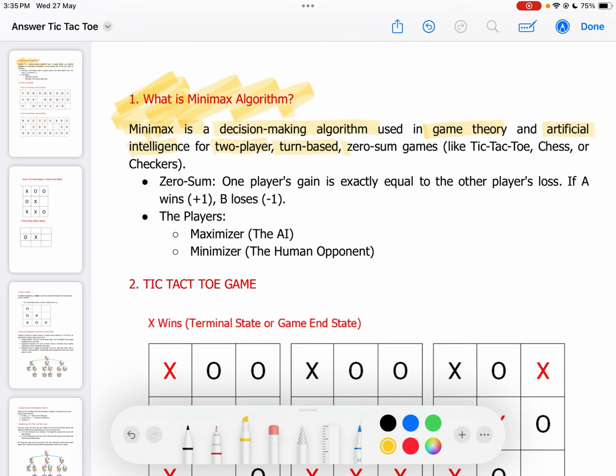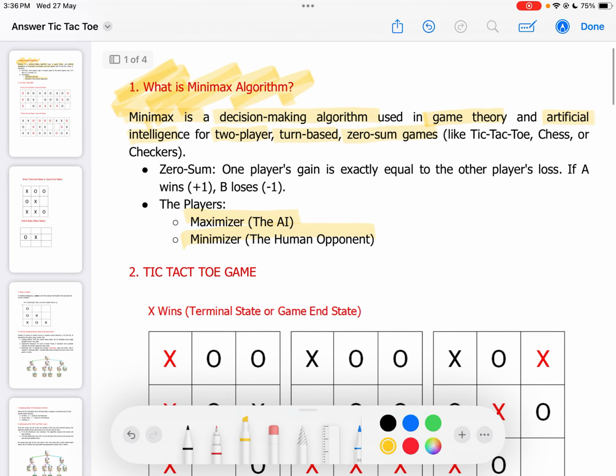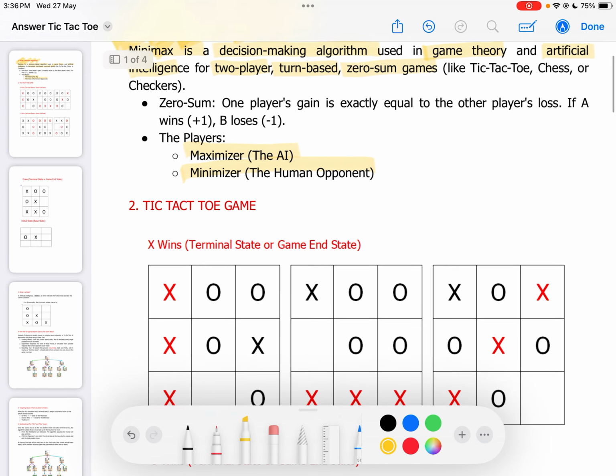This is a zero-sum game, which means if player A wins, B loses. If B wins, A loses. Second is the maximizer, let's assume it's the AI. Second is the minimizer, which is the human opponent. This is the first thing you need to know.